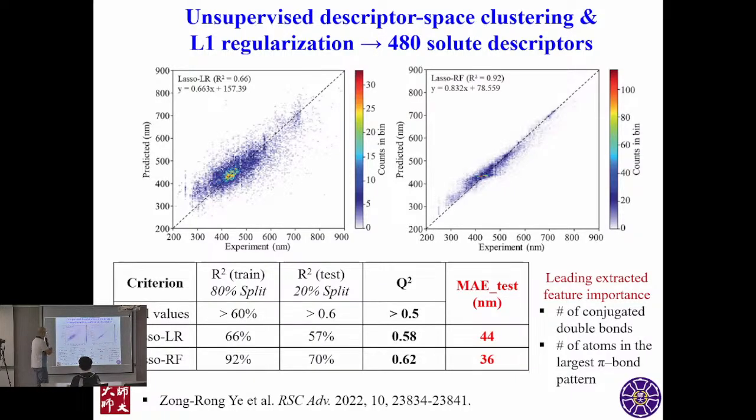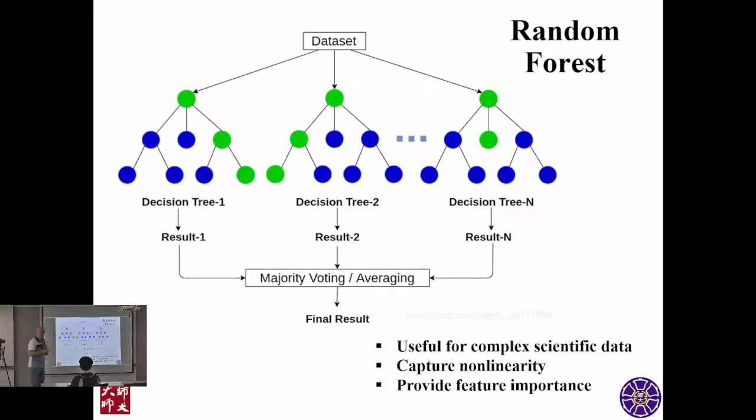Now we go back to use a regression method with those 480 descriptors to do the prediction. This is a very common regression method these days. It's very powerful, I have to admit. You don't actually need a neural network to deal with every problem. It's called random forest.